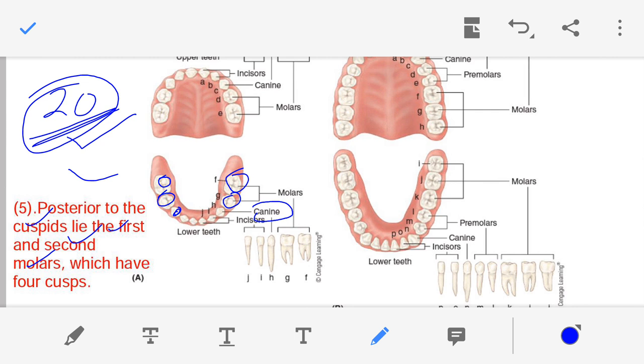In the deciduous set, as you can see, the premolars are not present.